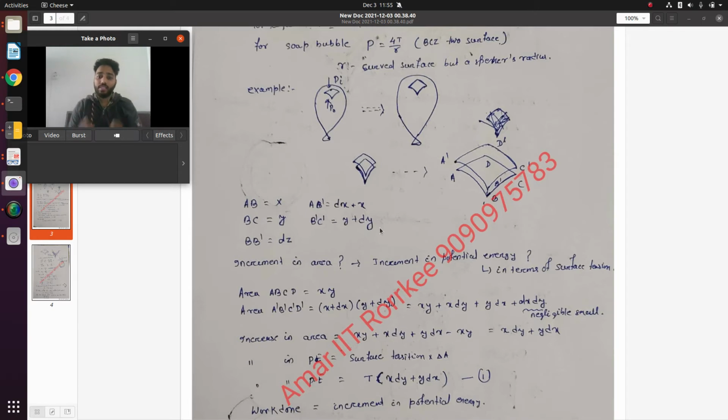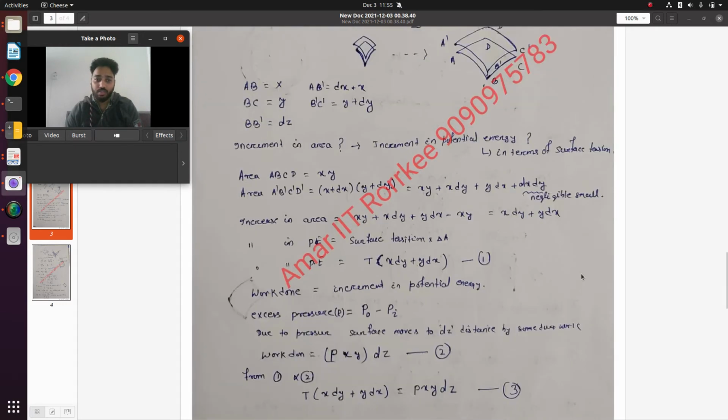So here we see that due to the increment in excess pressure, an increment in area happens. Since the area increases, there is some increment in potential energy. The next aim for us is to derive the expression of the increment of potential energy in terms of surface tension. So the area of the initial surface ABCD, that infinitesimal surface, is x into y. If you take a very small infinitesimal surface, it becomes a rectangle.